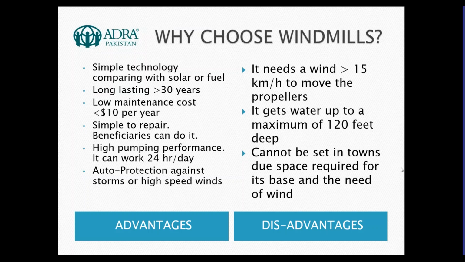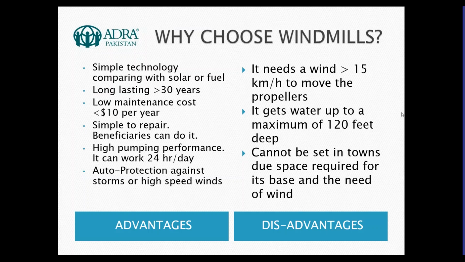Even for the Pakistan windmill, we were visiting some windmills that have been working for more than 30 years. And the factory says we can guarantee 20 years that this windmill will not have any problem. Of course, there is small maintenance to do, but it's also low. You can say $10 per year, the maximum that you can spend.